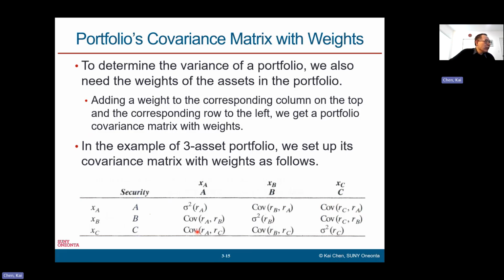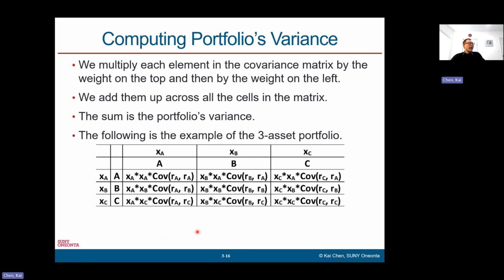Okay, after we get the covariance matrix with the weights, then we can calculate the portfolio's variance. We follow this procedure. First of all, we multiply each element in the covariance matrix by the weight on the top and then by the weight on the left.